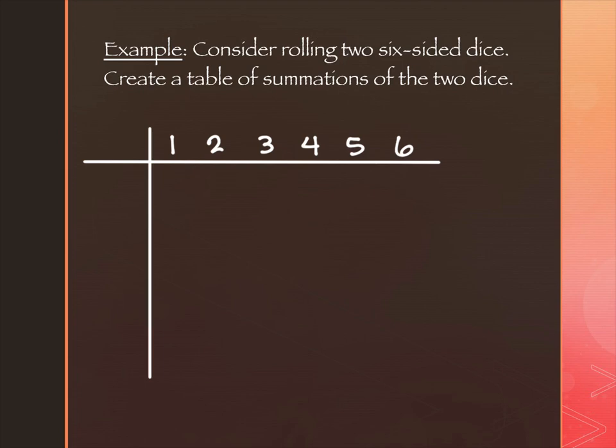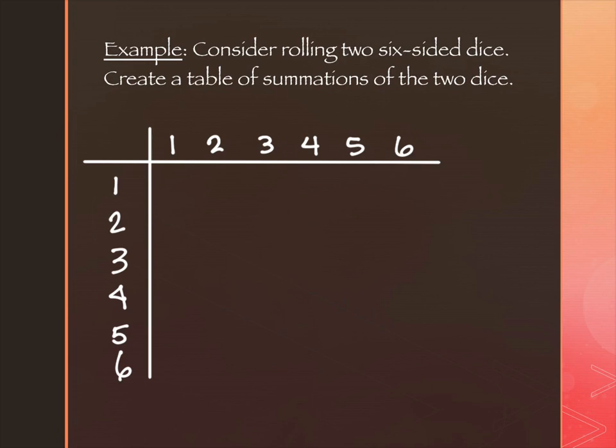Those are my options. Then along the side, I'm going to list the same things. The top is like die number 1, and if it helps, you can think about them being colored, like a red die and a blue die, to distinguish between them. The top is one of our dice, and the side is the other die, with the same numbers, 1, 2, 3, 4, 5, and 6.